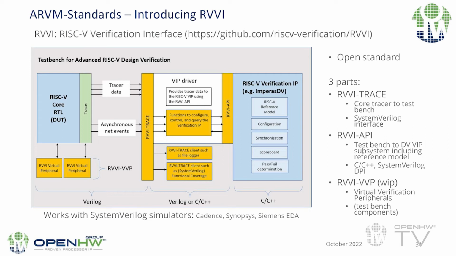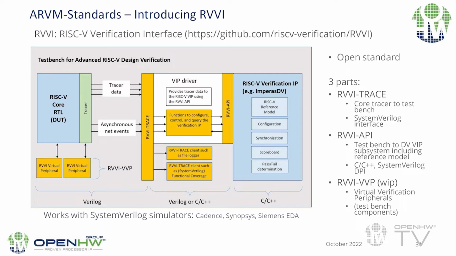So we've been working since we started in Open Hardware 2-3 years ago on interconnecting things. And this has evolved now into what we call the RISC-V Verification Interface. It's up on GitHub, and it really has three parts to it. The trace side, which connects from the core, through the tracer, into the test bench. The API side that connects from the test bench into a reference model.